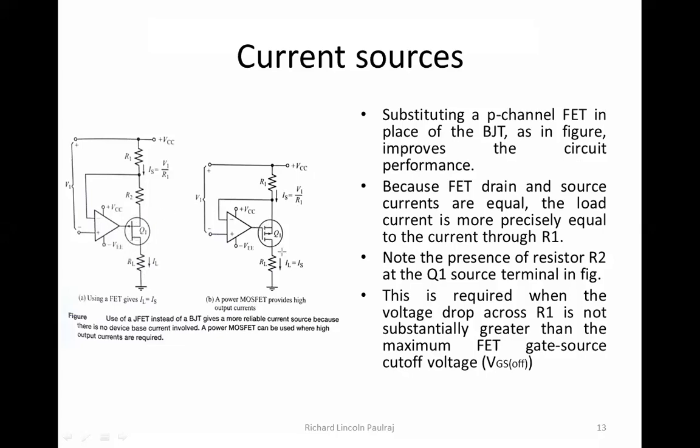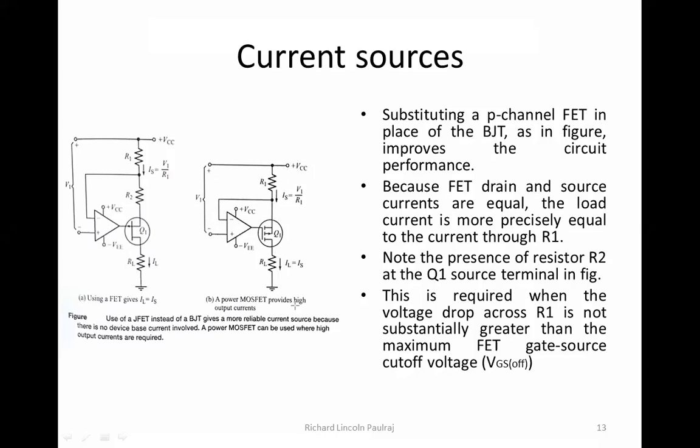So we will apply both to the same circuitry. See, V1 remains the same, plus VCC minus VE. R1 is here, RL is there. Similarly, RL is there, R1 is there, V1 plus VCC, and then ground.